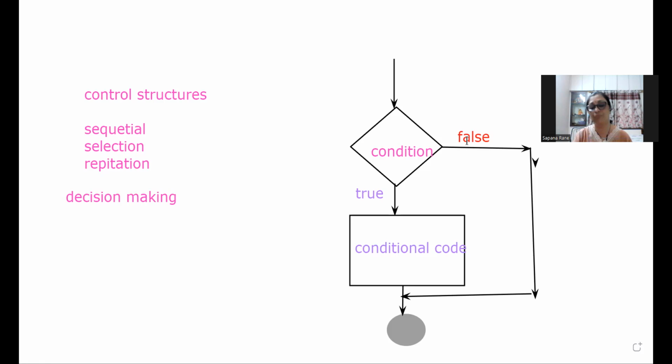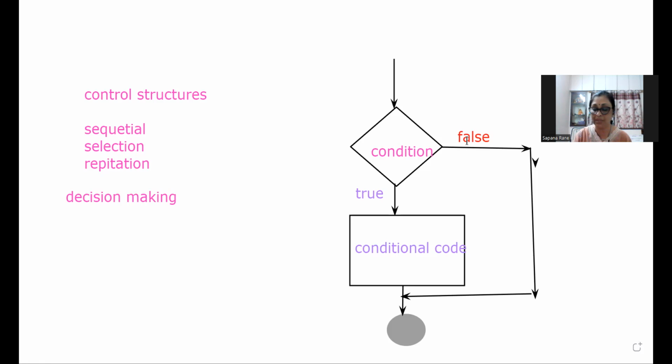So first is the if statement, second is the if else statement, third is the else if statement, and fourth is the nested if statement. One can use one if or else if statement inside another if or else if statement.